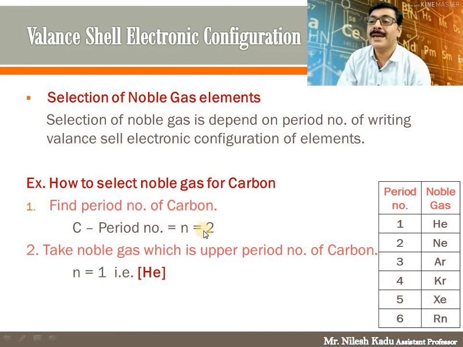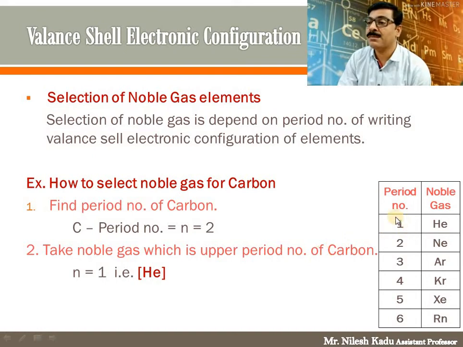So the period number of carbon is 2. And then you have to select the noble gas which is in the upper period number of carbon atom, that is 1, because carbon is present in the second period.